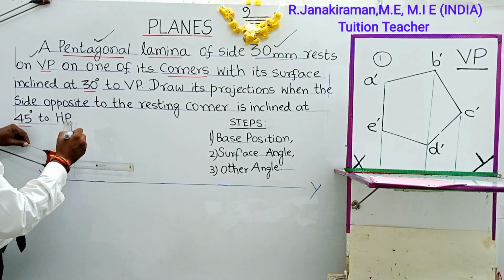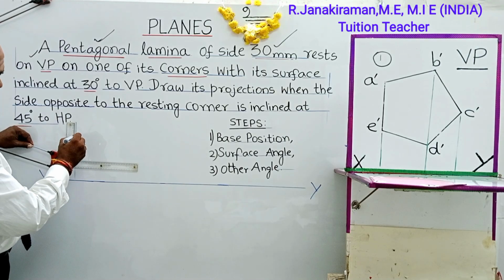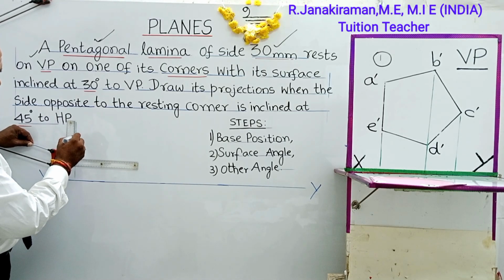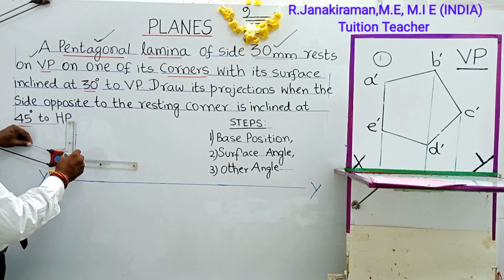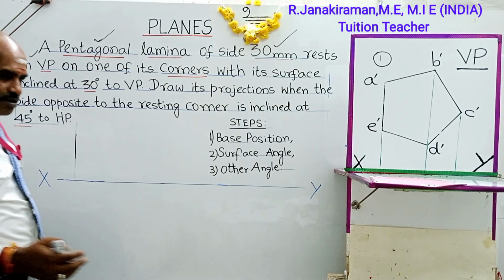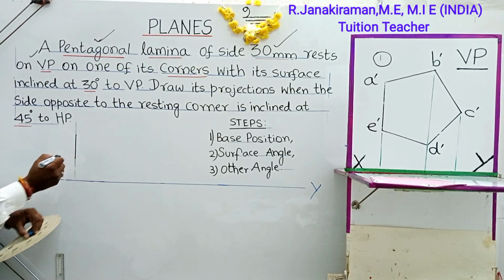So above the XY line, on this vertical line, you mark one side as 30 mm, 3 centimeters.